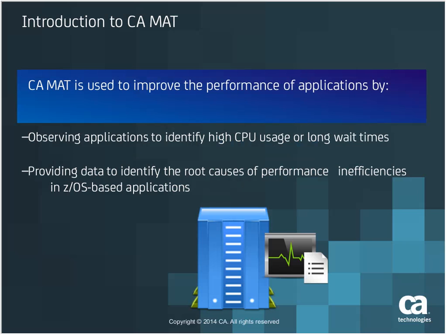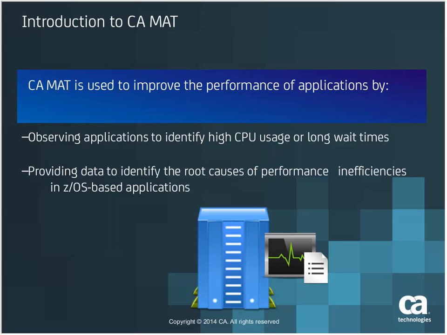So what is Mainframe Application Tuner? Mainframe Application Tuner is a tool that allows you to improve the performance of your application. It's different from some of the system type monitors that are available out there, like OmegaMon and SysView, because it's more targeted to the application. System monitoring tools tend to observe the environment and tell you how the resources are being utilized.